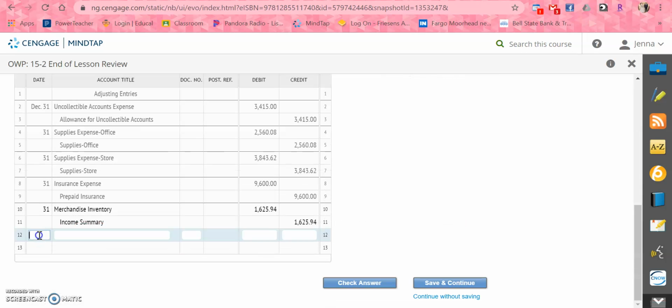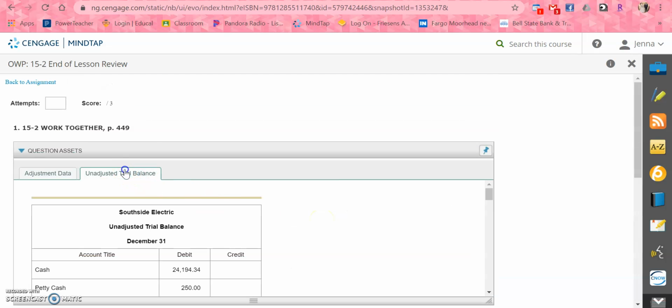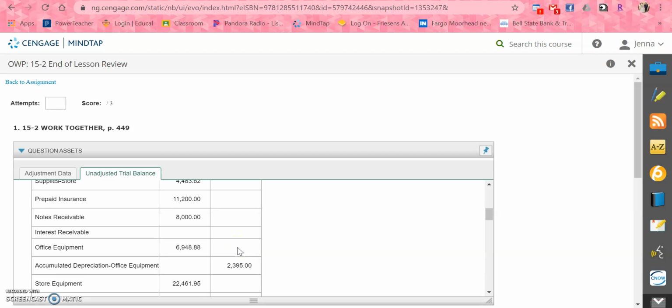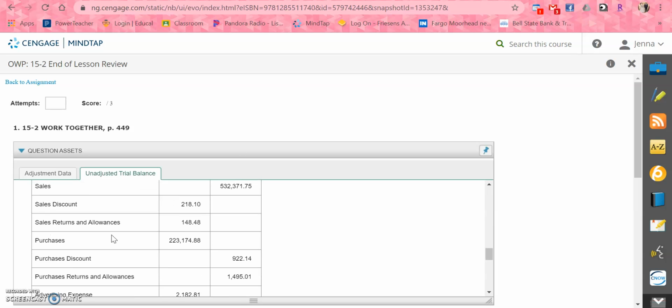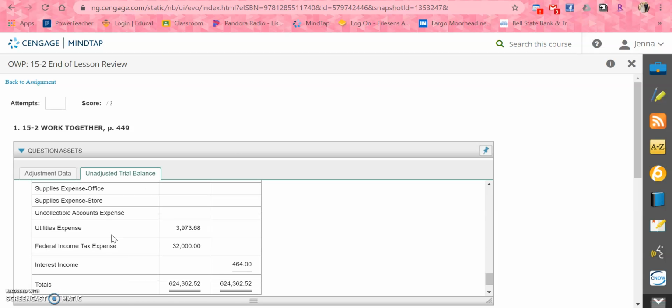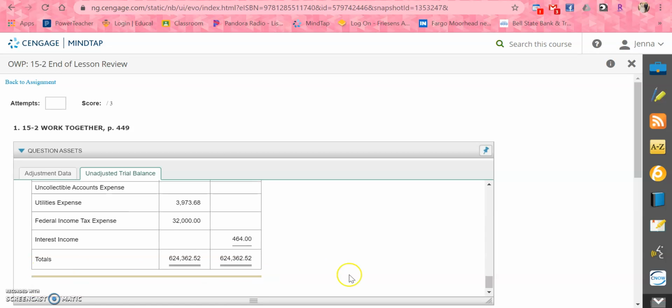So when I go to my adjusting entry, I'm going to put in my 31st. When I look, we see this interest receivable, and down under my income, we see my interest income. We are increasing our interest income.